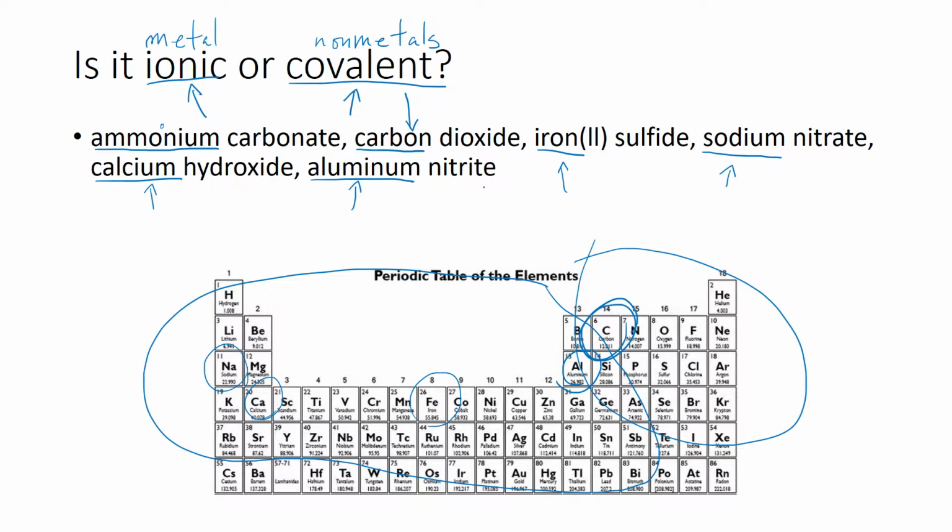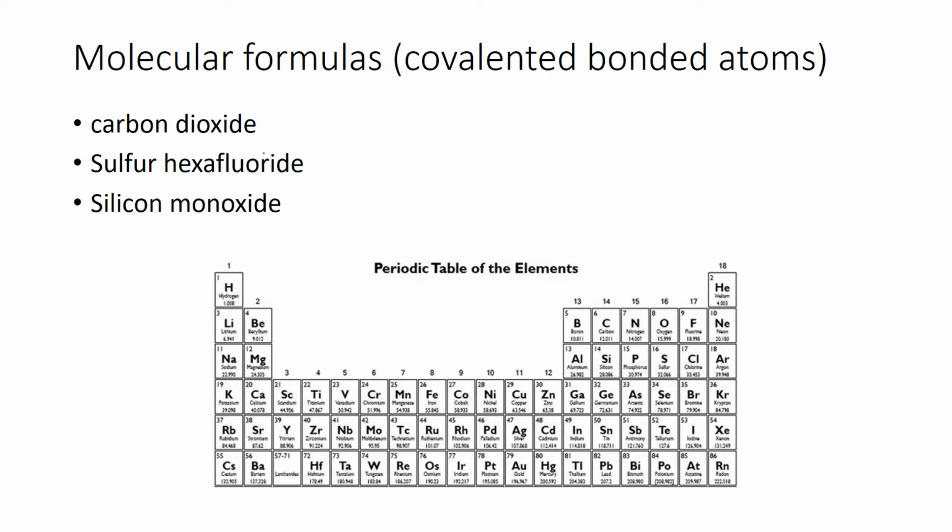And now that we've identified which one is the covalently bonded molecule, it's the carbon dioxide here, let me show you how to name that thing. So molecular formula. I noticed that all of these are covalently bonded because they all start with nonmetals: carbon, sulfur, and silicon.